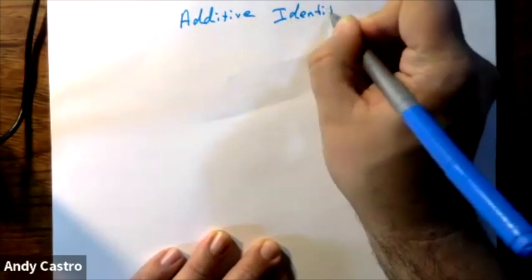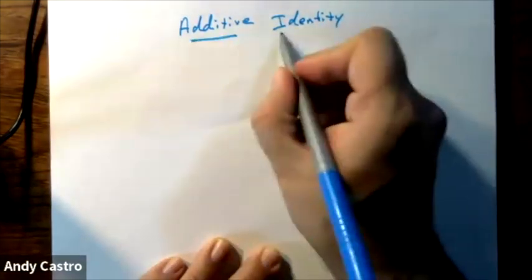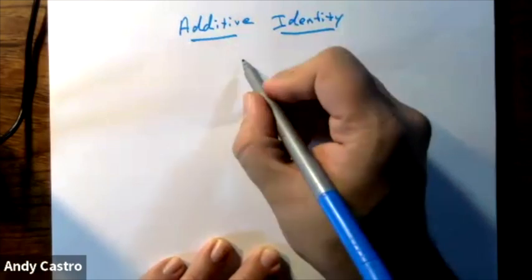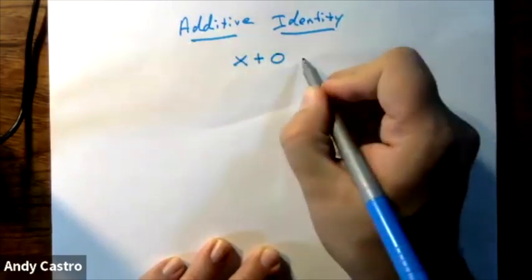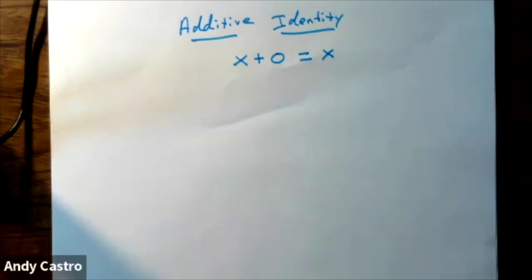What is additive identity? That is x plus 0 is equal to x. So make sure you're writing this down. Additive identity, x plus 0 is equal to x.